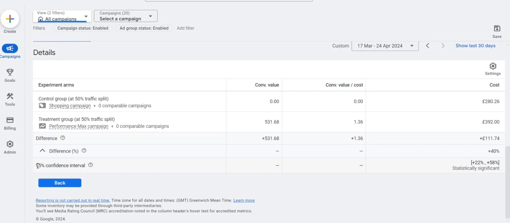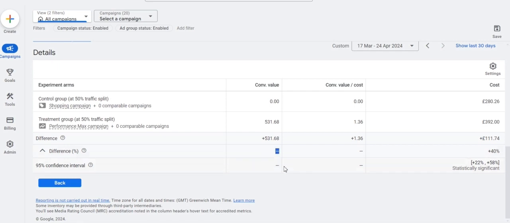But the way to read it is this: there's 95% confidence in the experiment's ability to claim that there's going to be a difference in cost between plus 22% and plus 58%. That's essentially what it means.